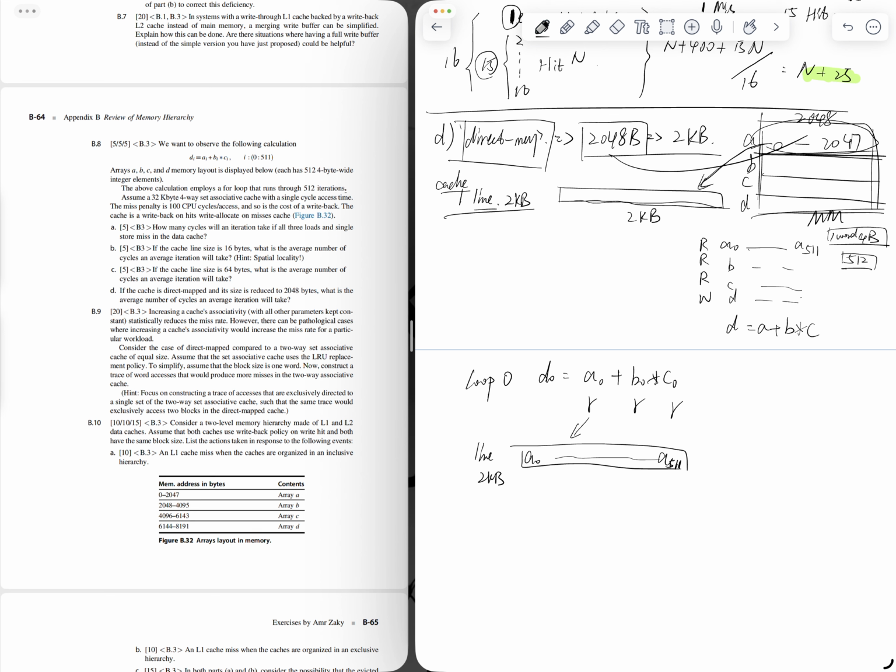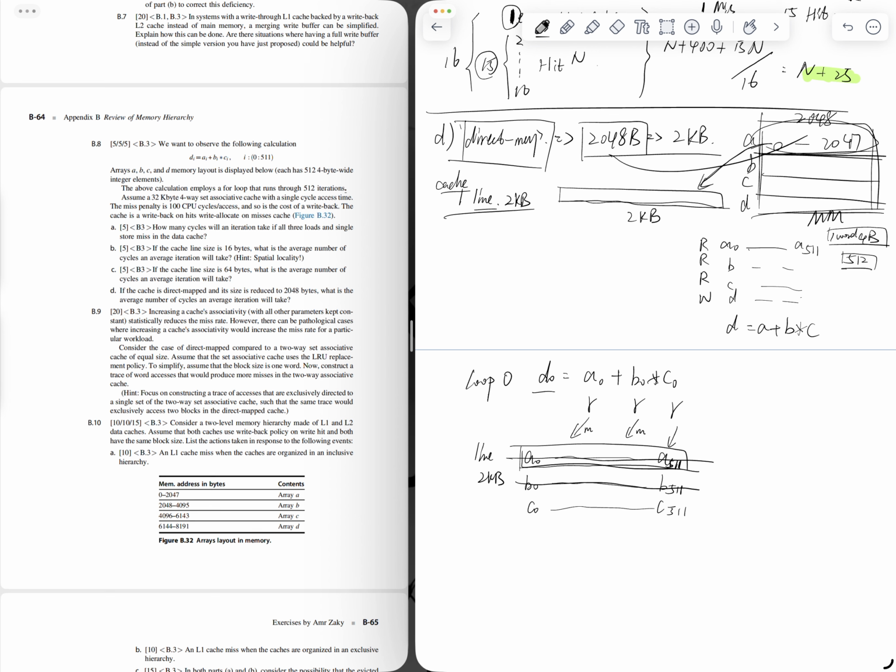And how about B? When we want to read B, since we have only one cache line, we have to replace A with B0 to B511. So A is a miss, B is also a miss. How about C? We have only one cache line, so C will replace B, and then C will get into the line.